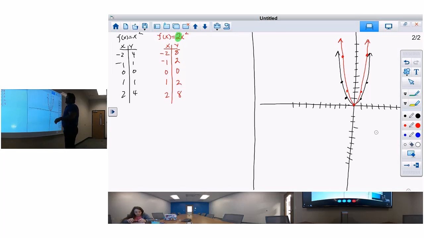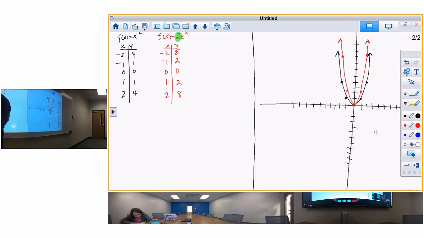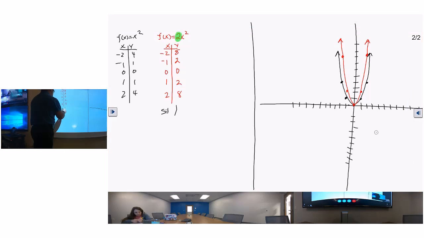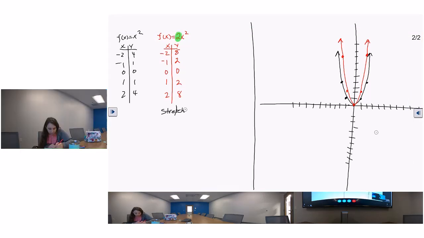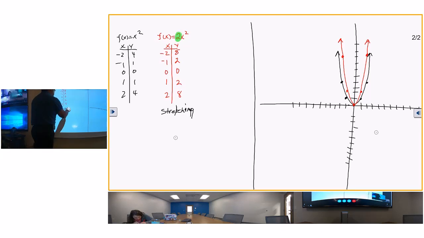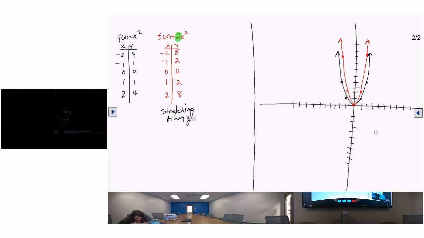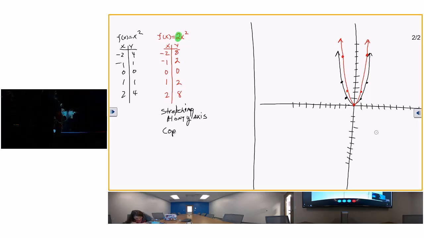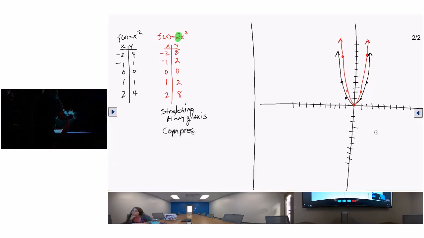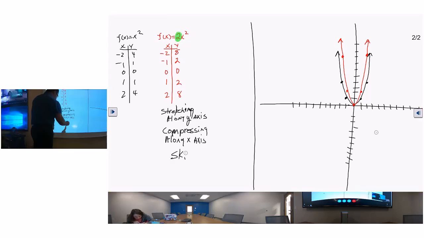Well, you can put skinnier, you can put more narrow, but basically we're stretching. Think of a balloon. We're stretching along the y-axis, and what are we doing on the x-axis? Compressing along the x-axis. Now, 25-cent word for that is what?